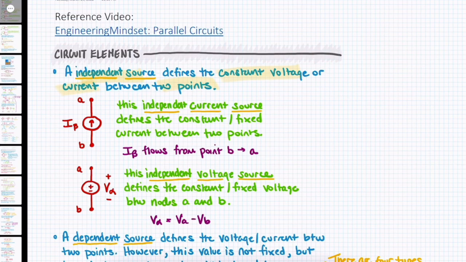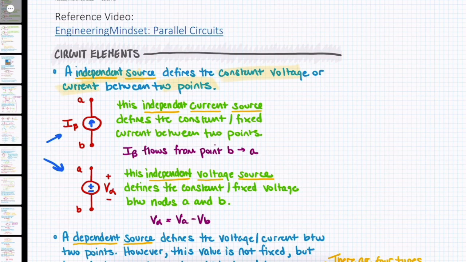So we have two different examples here. One is a constant current source as shown by the arrow in the center. One is a constant voltage source, which we can see by the plus and minus in the center. And I apologize, I think I'm using the term constant and independent here interchangeably. I'll try to focus more on saying independent.